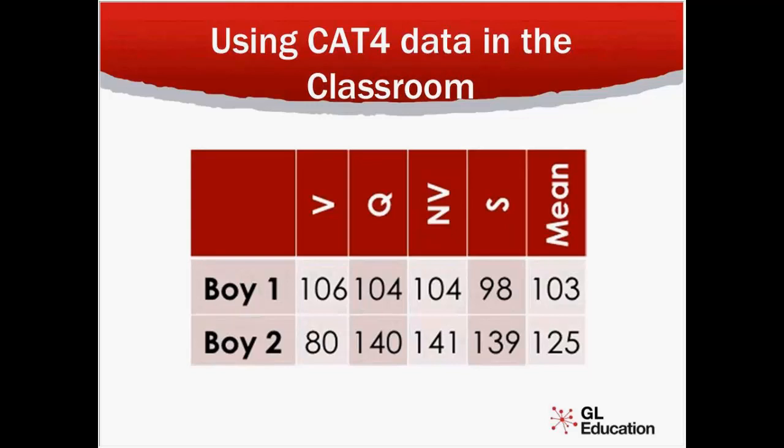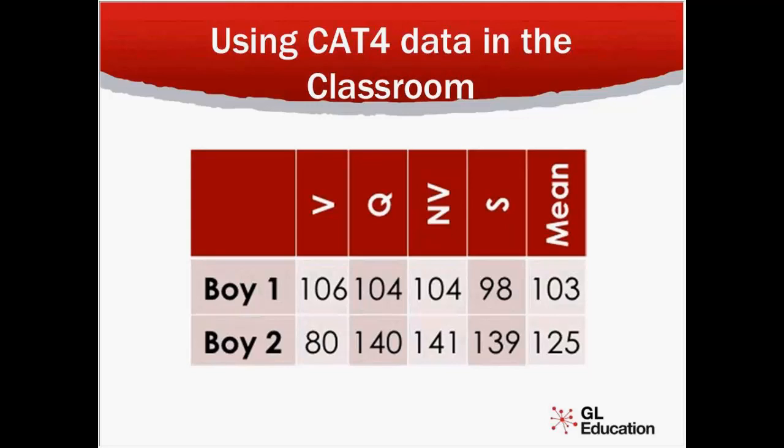The commentary ran like this. Boy 1 has been a pleasure to teach, has never been any problem, has done really well in school, will likely go on and get B's and C's. His parents have been fantastic. It's been really supportive. And as we look at those numbers, I wouldn't argue with any of those statements.